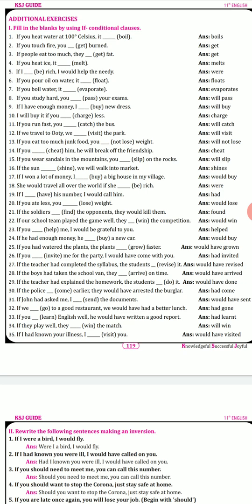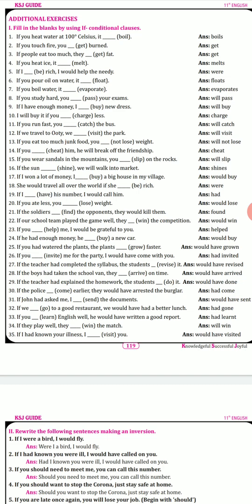So we shall visit the park is the answer. Will visit is also accepted. If you eat too much junk food, you (not lose) weight. This also talks about a possible condition. Here eat is present tense. In the main clause simple future should be used, but in negative form, so will not lose weight.